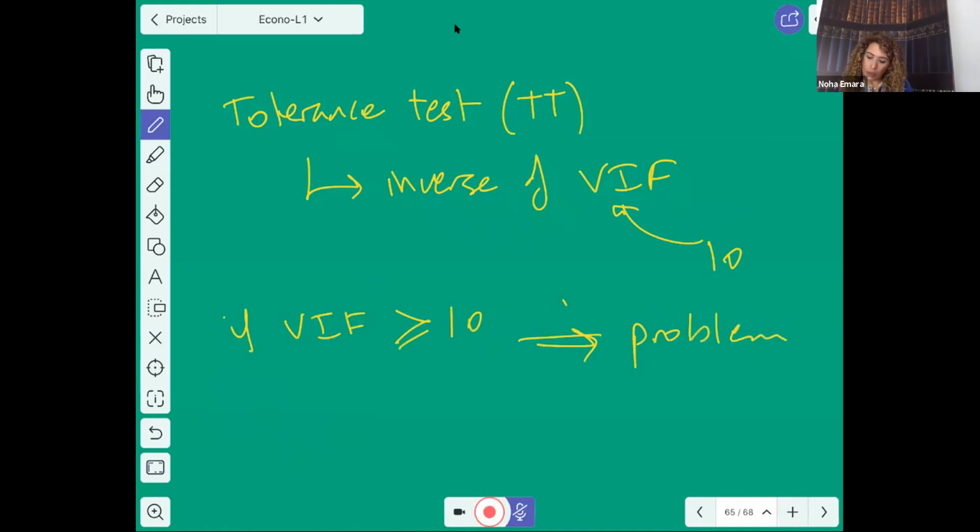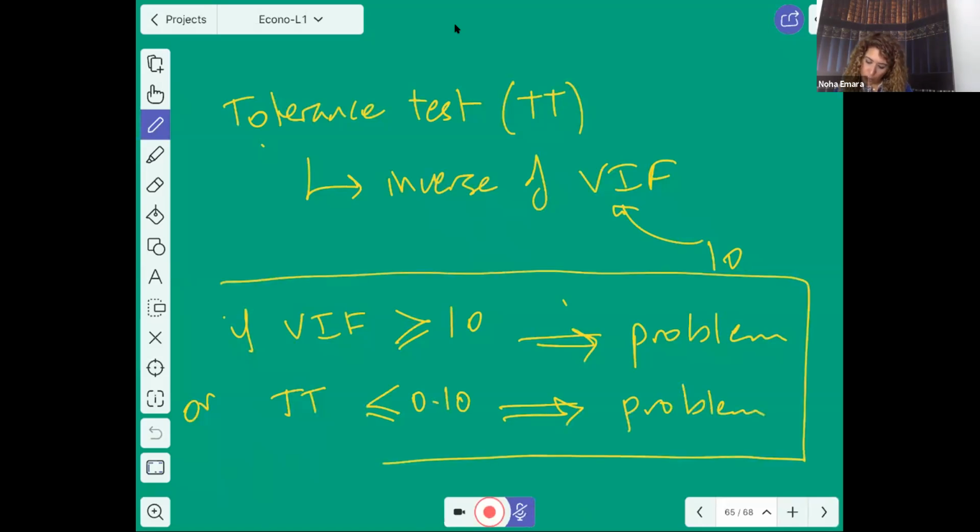Okay, if the tolerance test is the inverse, then I say, or if the tolerance test is less or equal to 0.10, because it's the inverse of this one, so it's going to be 0.10, then again, it's a problem. Okay, so this is your benchmark.